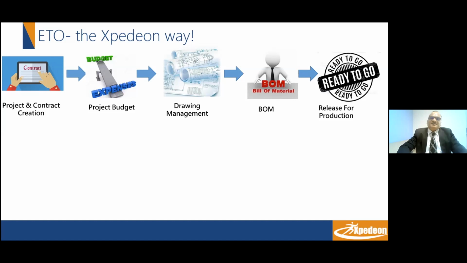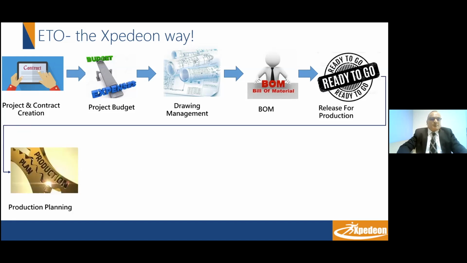Once the DTS is released for production as per the BOM requirement, the production plan is made to produce the item and the overall requirement of materials as per the demand and supply is assessed.